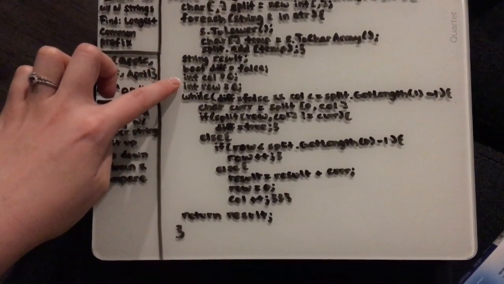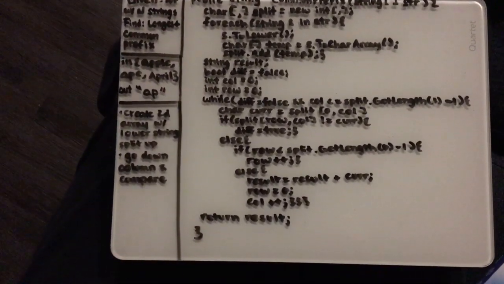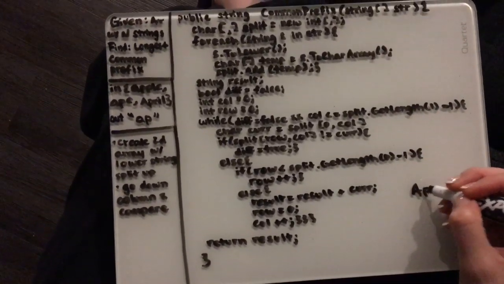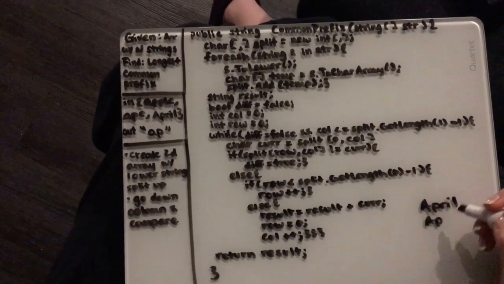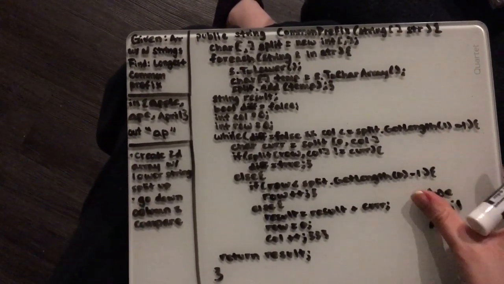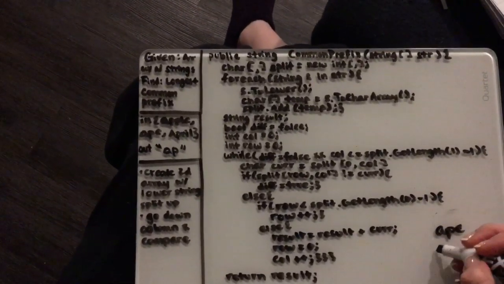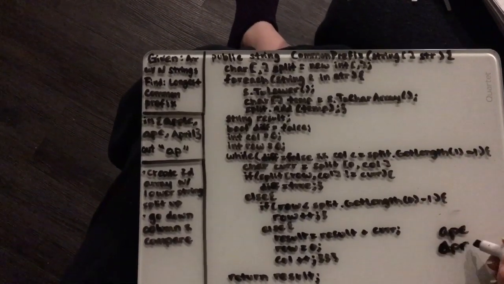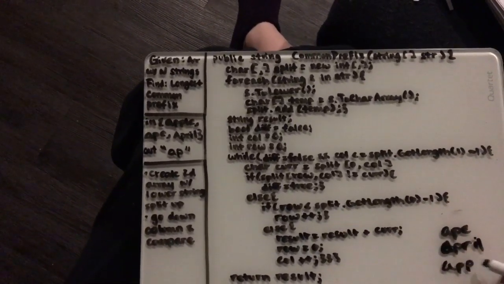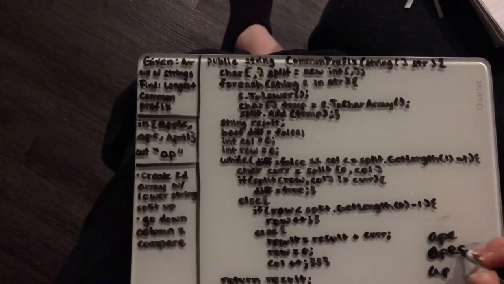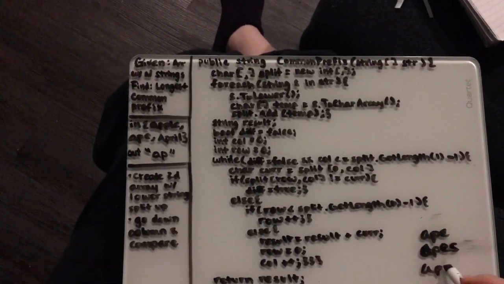I also created column and row counters. So if we get to the end, let's say we had April, ape, April, apes, ape again.